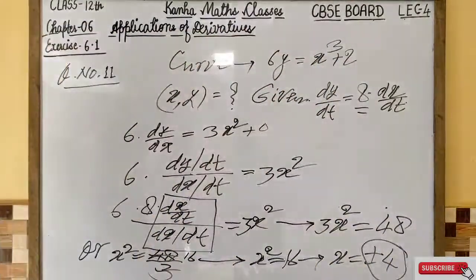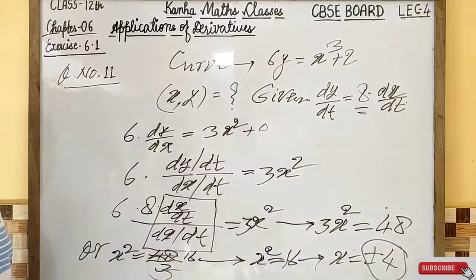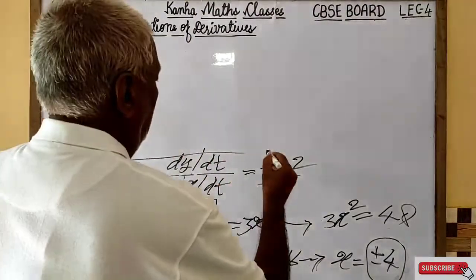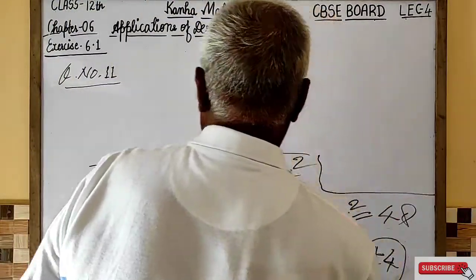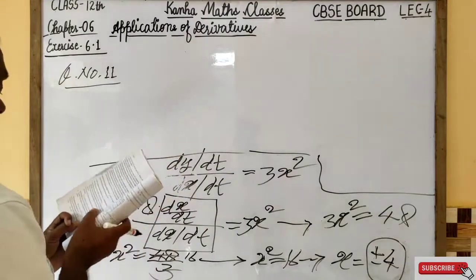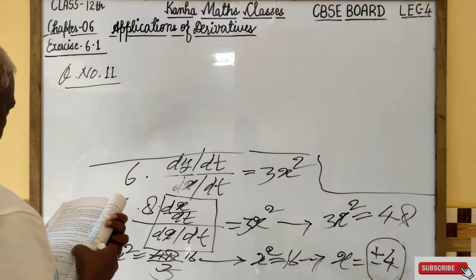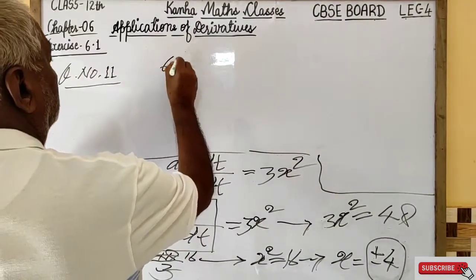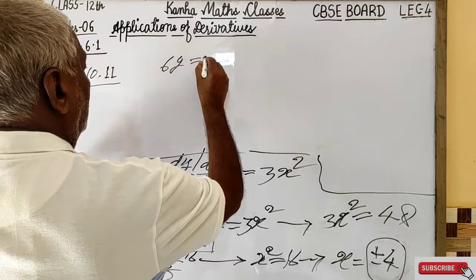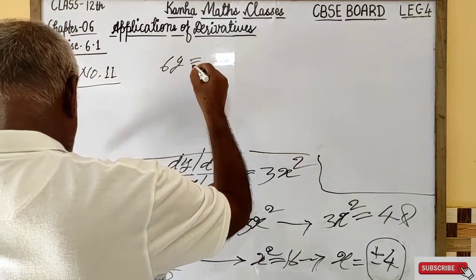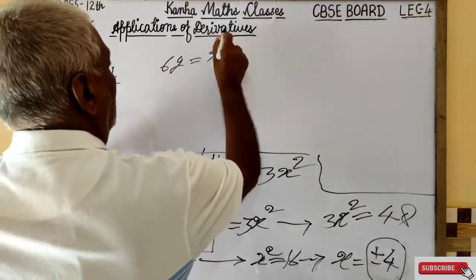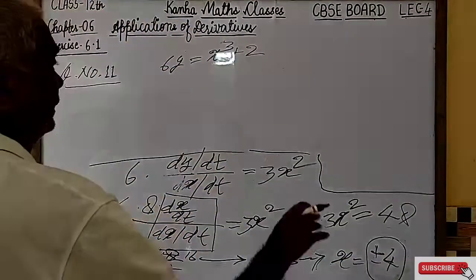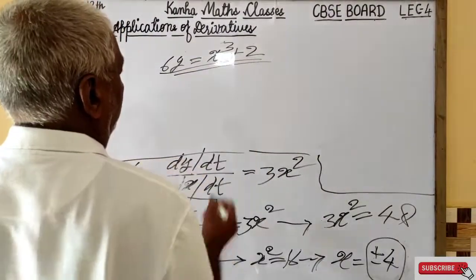Now, due to lack of space on the blackboard, I want to rub some of the upper part. Now the question is 6y is equal to x cube plus 2. Now we replace the value of x is equal to plus minus 4 in this equation of the curve.